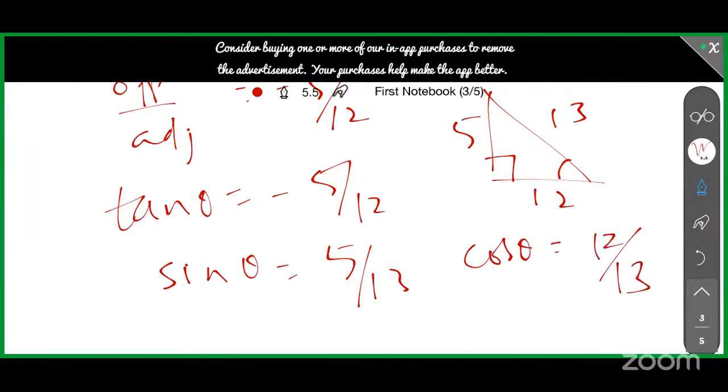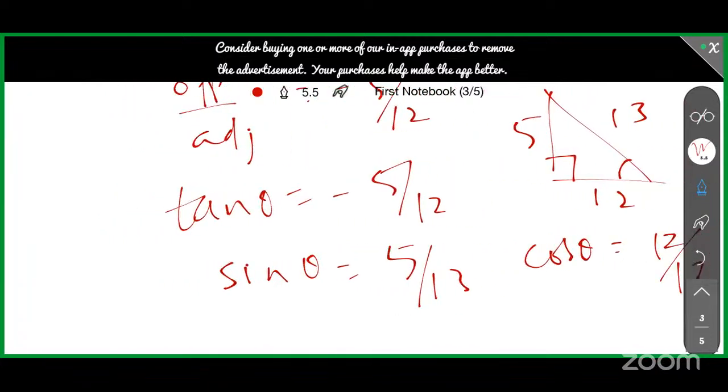Now, if tan theta is equal to -5/12, that means either sin theta has to be negative or cos theta has to be negative. Isn't it? Yes, sir. So now tell me which is negative, sin theta or cos theta?